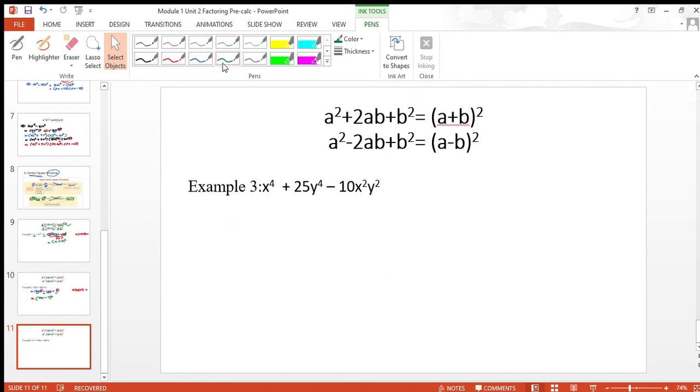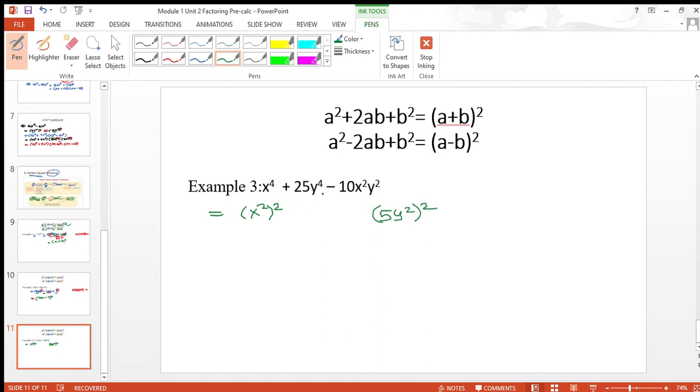We have the third example here. Is this a perfect square trinomial? Let's check. x to the fourth is a perfect square. That's the same as x squared raised to 2. 25y to the fourth is a perfect square, that's 5y squared raised to 2.